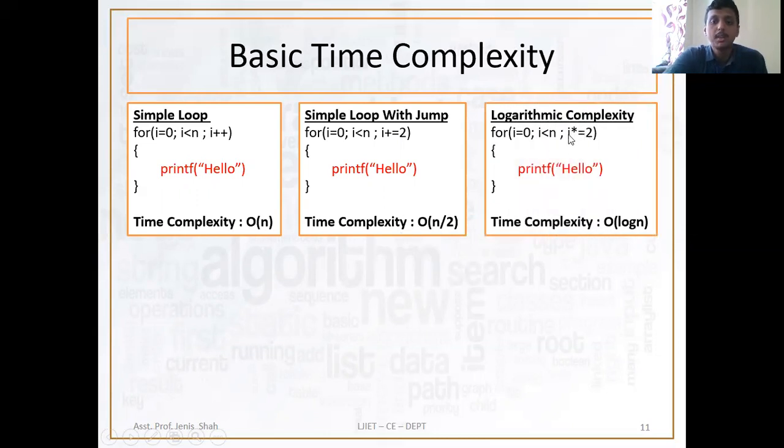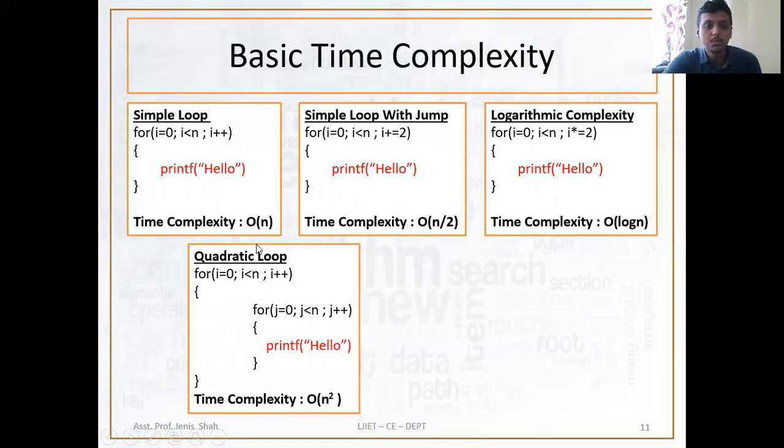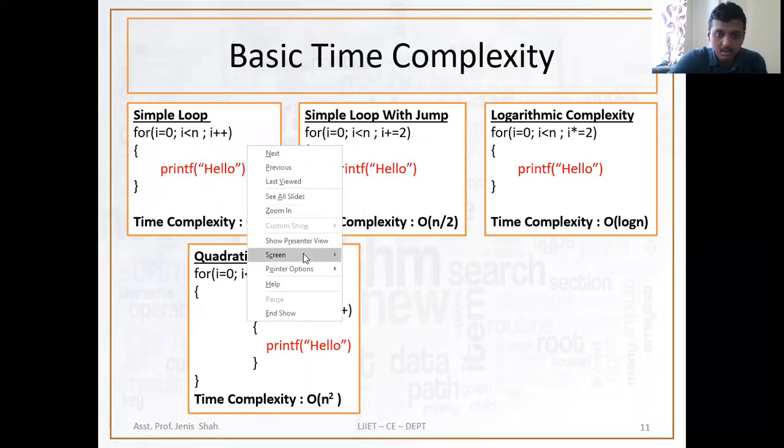Now, logarithmic complexity. See, here the iterative portion of i is i star equal to 2. The increment or decrement portion is i star equal to 2. So the time complexity is O(log n). Now, quadratic loop. If I have two loops, a nested loop, a for inside a for, let me show you something.